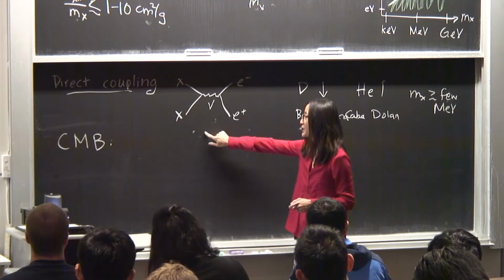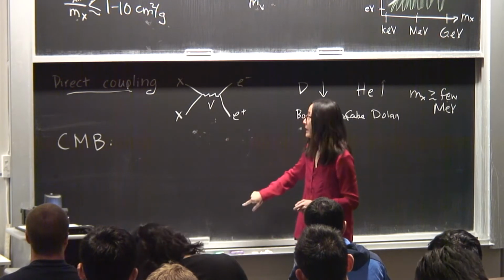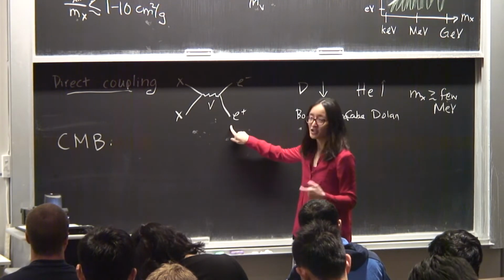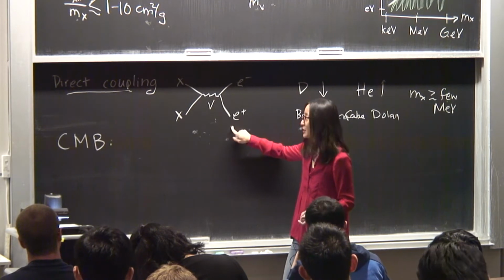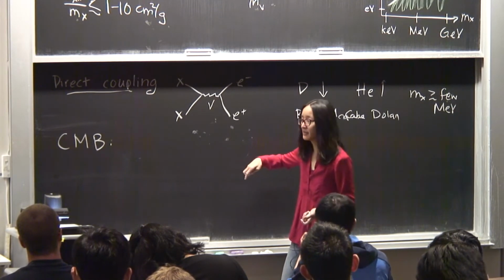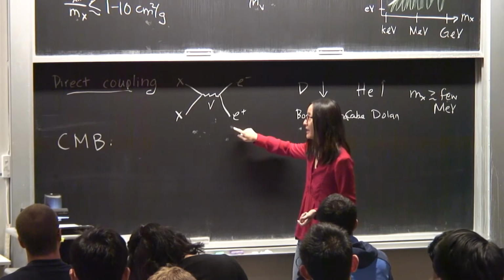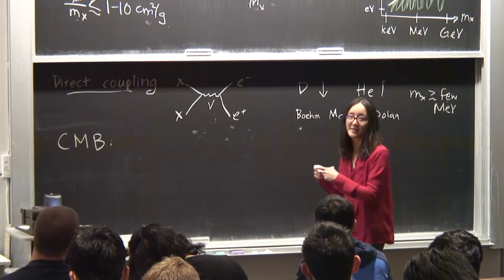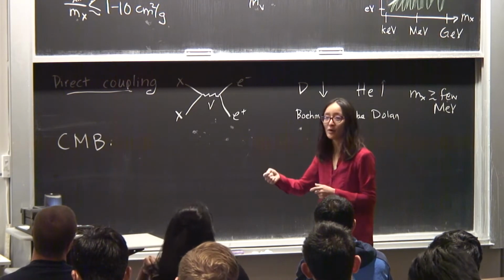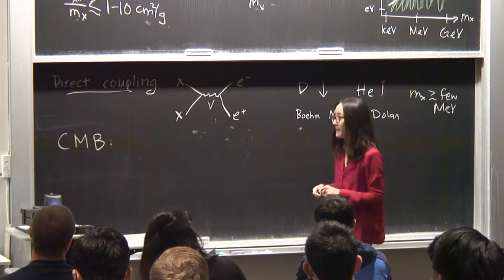So it's happening at a very slow rate. What it does is it injects additional energy at the time of recombination. If you dump a bunch of energy in, it can ionize the neutral hydrogen and change your surface of last scattering, because you have more ionized particles.